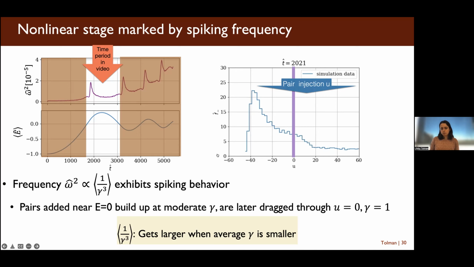This will create a very large spike in the frequency, because the frequency goes as the average value of 1 over Lorentz factor cubed in the distribution function. This gets larger when the average Lorentz factor is smaller. And one great way to make the average Lorentz factor smaller is to have a big chunk in your distribution function that gets pulled through a momentum of 0. That's what happens here. This bump getting pulled through 0 is what creates the spikes in the plasma frequency.